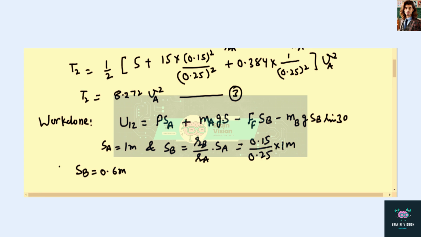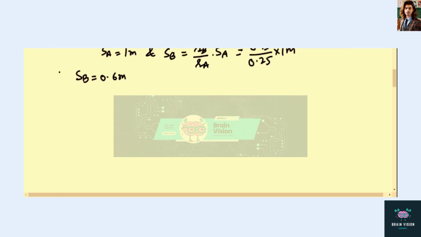To calculate the force of friction, we have to draw the free body diagram of the block B. Its weight will act vertically downward. There will be a normal reaction.